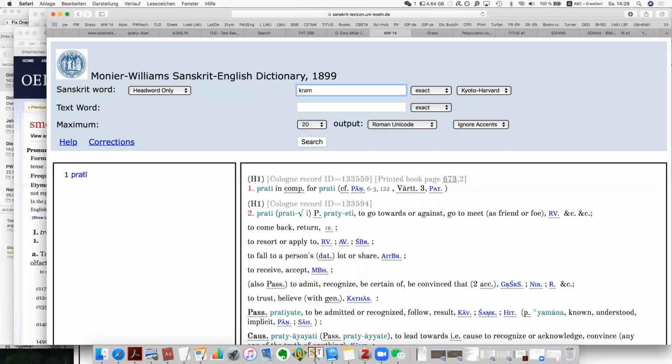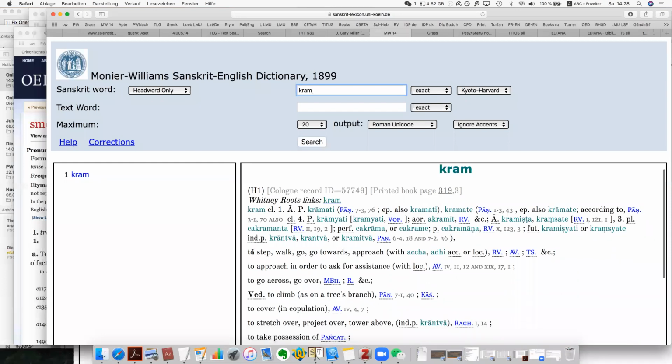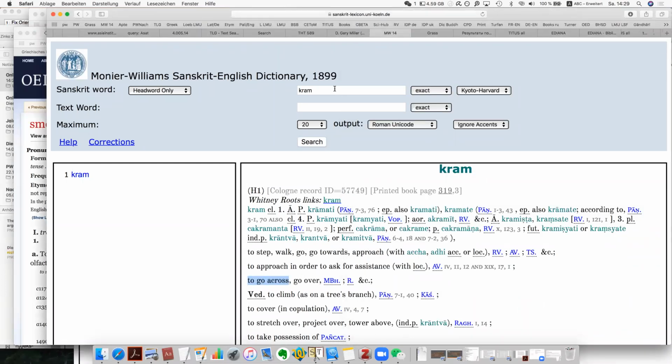And if you need more examples, there are actually a lot. Kram also means to step, approach, to go across. I think you can guess the meaning of pratikram.